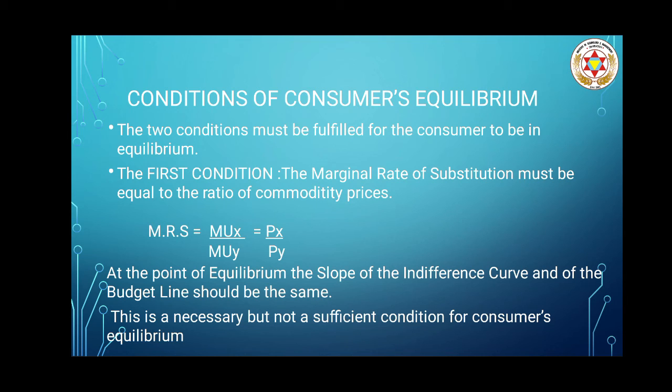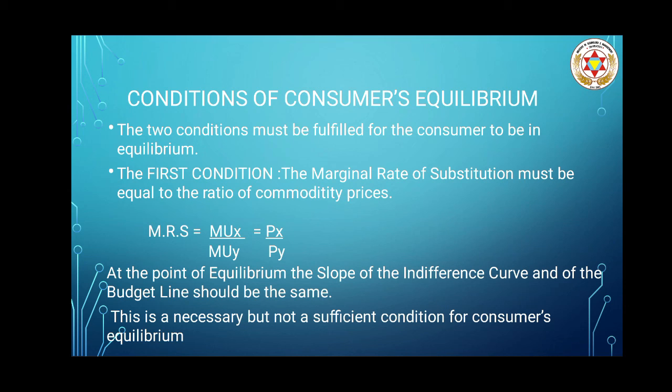But this is a necessary but not a sufficient condition for consumer equilibrium. That is, at the point of equilibrium, the slope of the indifference curve and the budget line should be the same. This is the first condition.